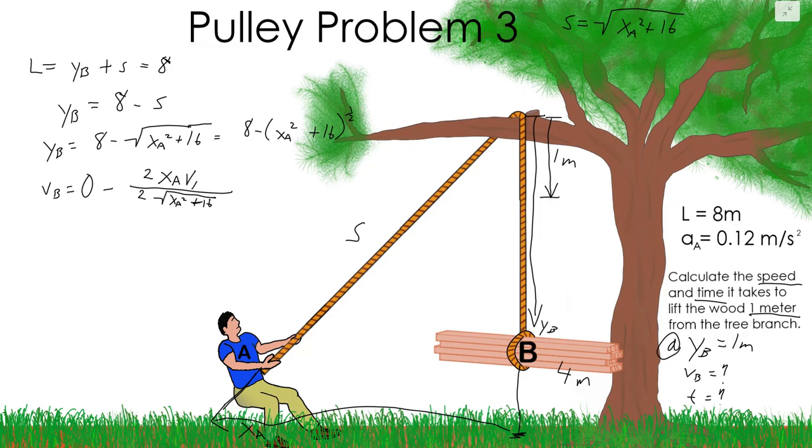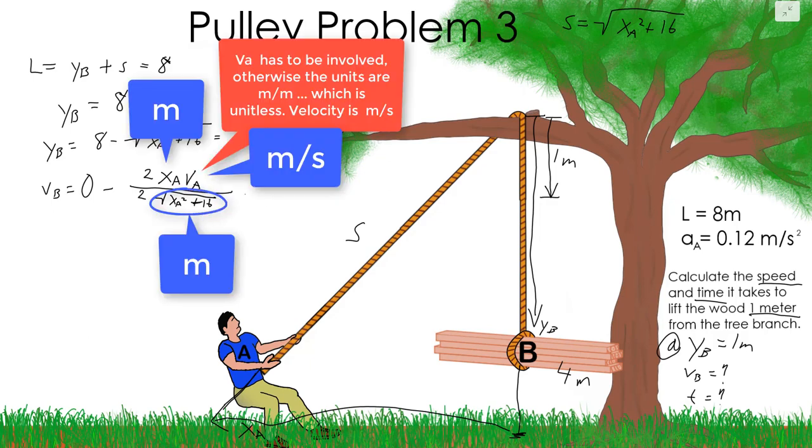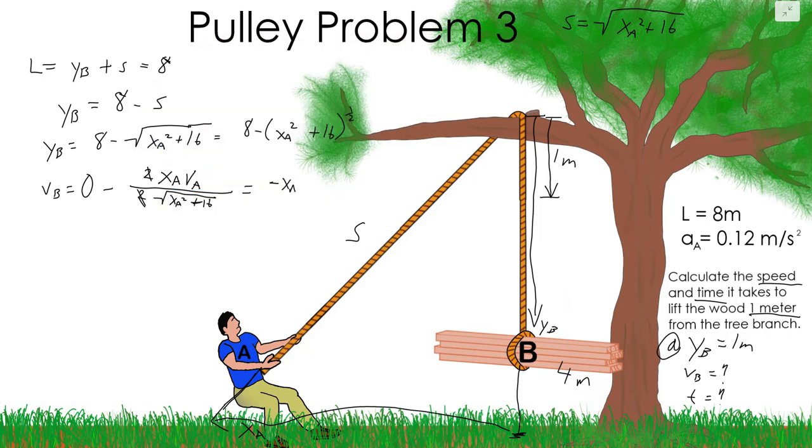And this is times VA, because we have to do the chain rule, so we have to use the velocity in terms of A. And in the end, the 2's cancel. And then guess what? Boom, that is S. So S is the denominator in there, so it turns out to be negative XA times VA over S. Boom. So we have to find S, XA, and VA in order to get VB, the velocity that it's headed.